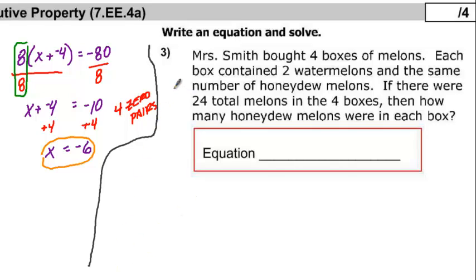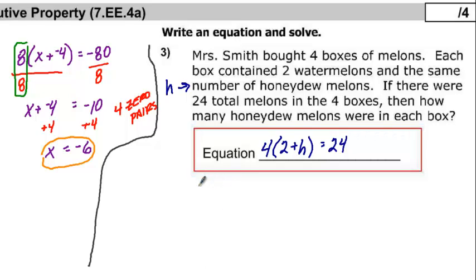So the honeydew melons are going to be our variable, and I'm going to use H for honeydew melons. So here's what I know. I know that 4 boxes of melons containing 2 watermelons and some unknown number of honeydew melons give us 24 melons altogether.